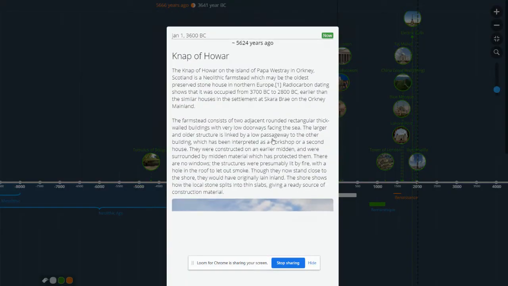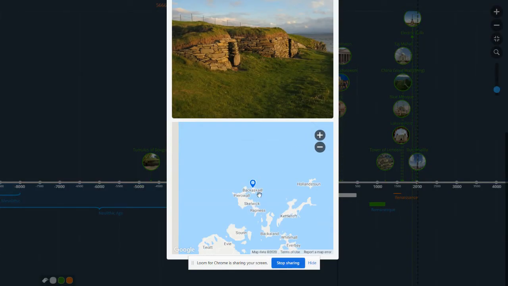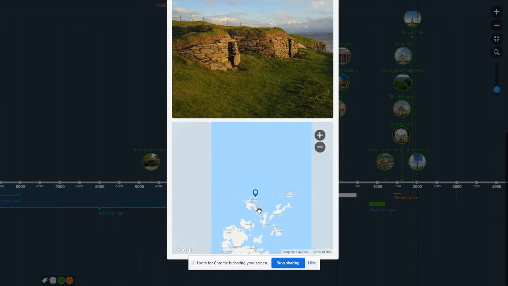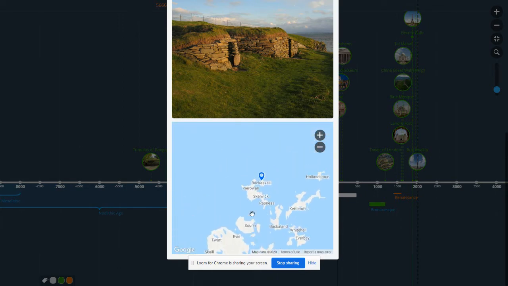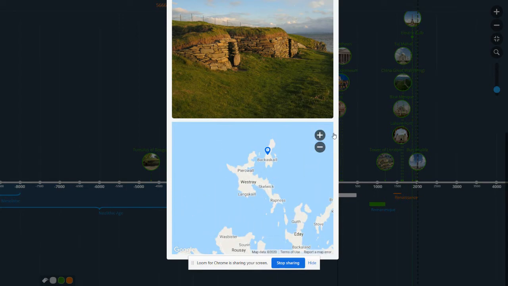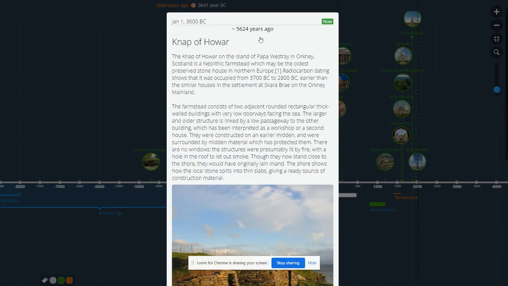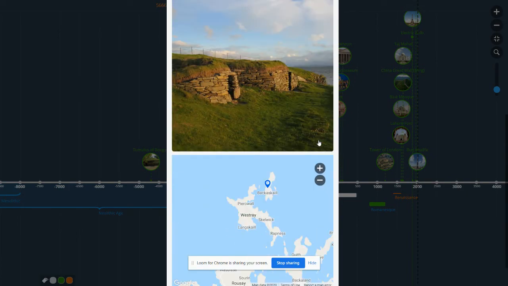The Knap of Howar is this amazing place, north of Scotland, on an island right at the edge. You wonder how people got there and lived there 6,000 years ago. It's pretty amazing. I'd have a tough time going there today. It's quite a trip to get there.